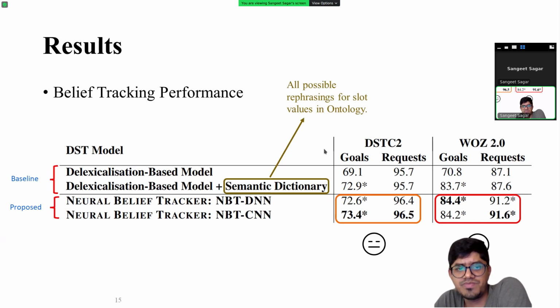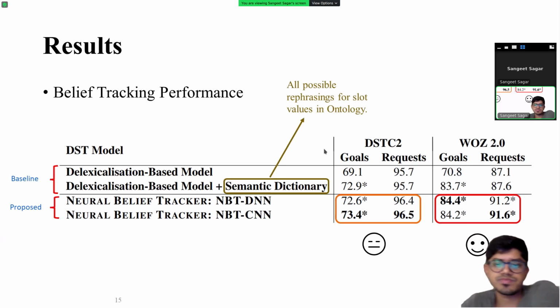Think of it in terms of an ontology, where it has all possible rephrasings for slot values. And if you see carefully, we have a pretty much better performance of the proposed model than the baseline models.